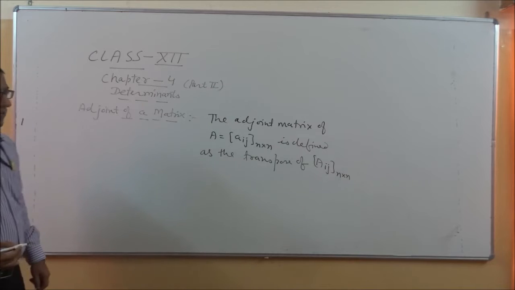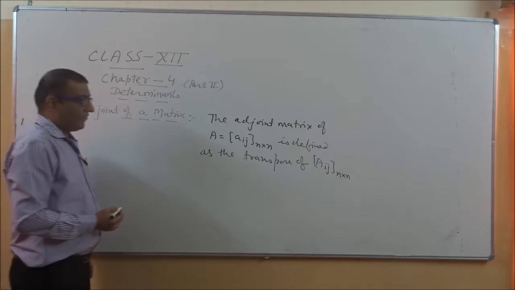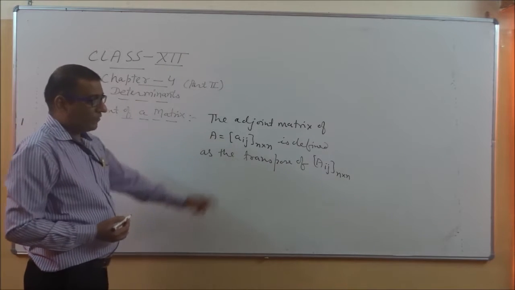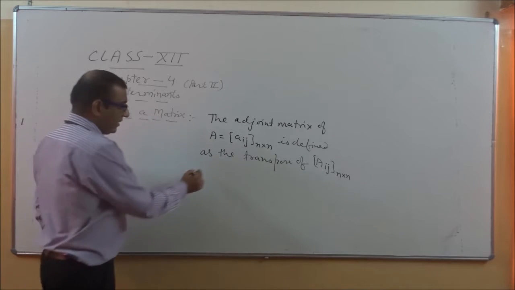The adjoint matrix of capital A is defined as the transpose of capital Aij.